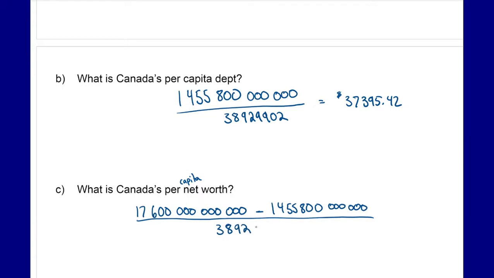So the 38 million, or 38,929,902 to be exact. And when we do that, we get a value of $414,699.22. So that is Canada's per capita net worth.